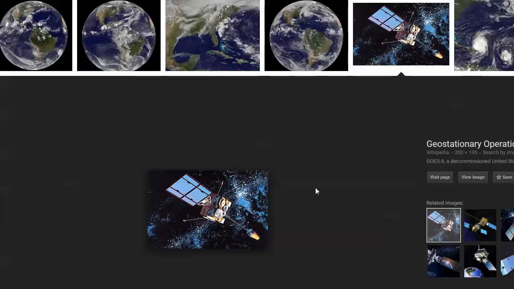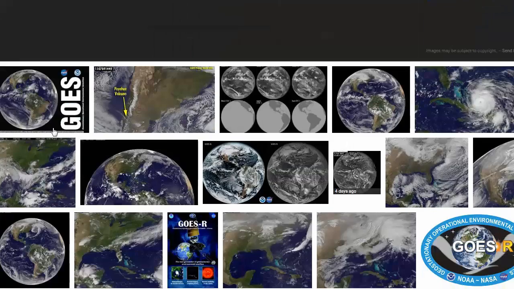This is the NOAA GOES 13 satellite. Your tax dollars hard at work. There's the 13, and then there's the 15.